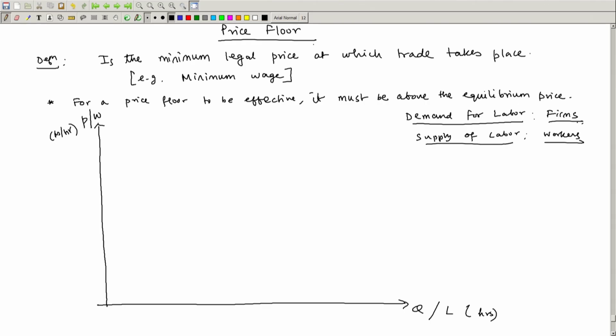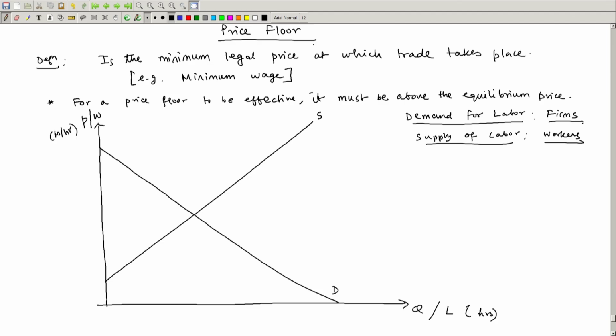So, that is the context in which I want you to think of the demand curve and the supply curve. If you look at the demand for labor, that is going to be given by this downward sloping line. As the wage rate decreases, the quantity demanded of labor increases. As the wage rate increases, the quantity demanded of labor decreases. Similarly, you are going to have a supply of labor. What is this supply curve telling us?